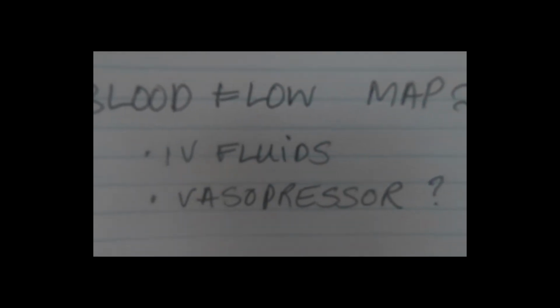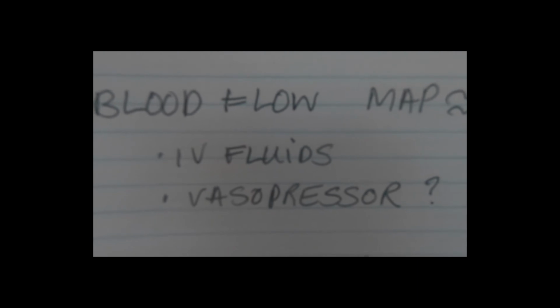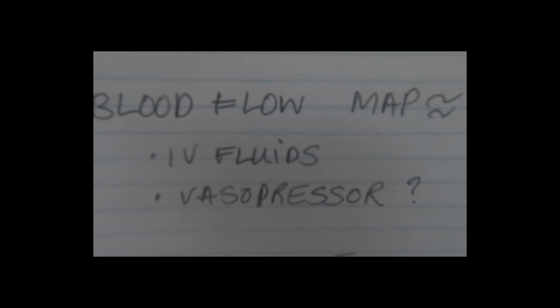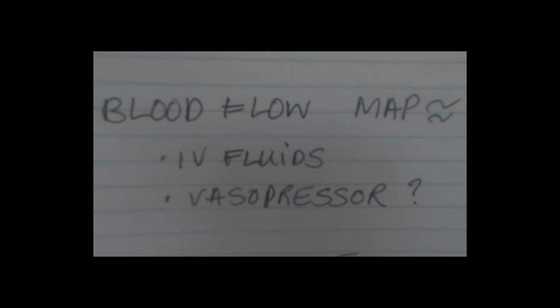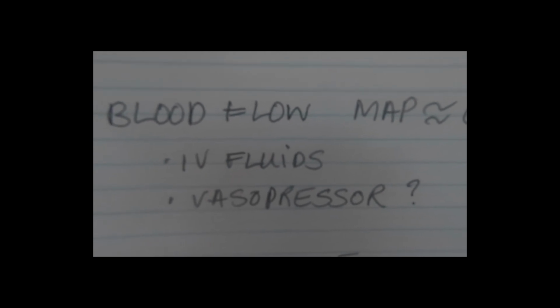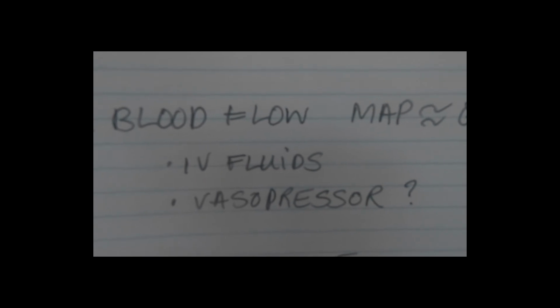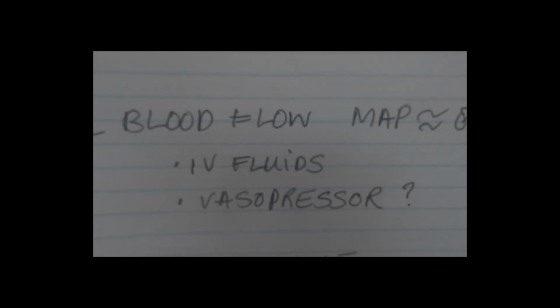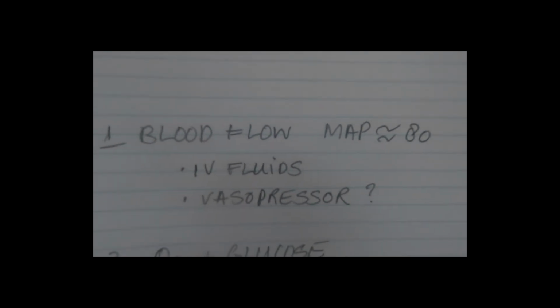So because people have fasted, we need to preload with IV fluids, and we can look into if we have to give a vasopressor if the administration of IV fluids is not enough. Keeping in mind that anesthetic drugs are vasodilators, so reduce the afterload and therefore lower the blood pressure as well.